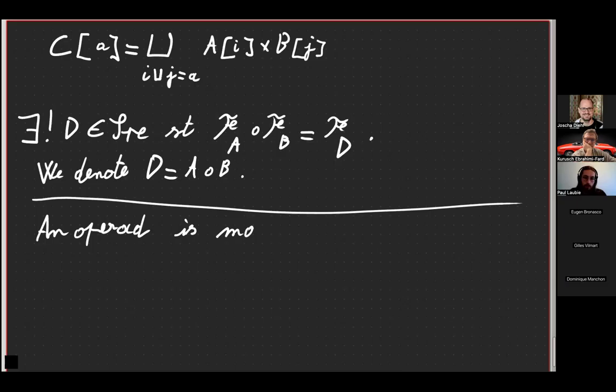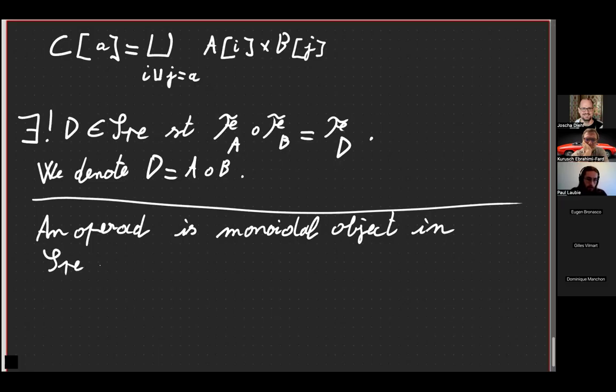So this is a monoidal object in, okay. For some people, this will be a very good definition because they will instantly understand it, and for others, it is a very bad definition. So what I'm saying is this is a monoidal object in the category of species with the composition. Because of course the composition is associative. It is not commutative, but it is associative because it is associative at the level of the functions.